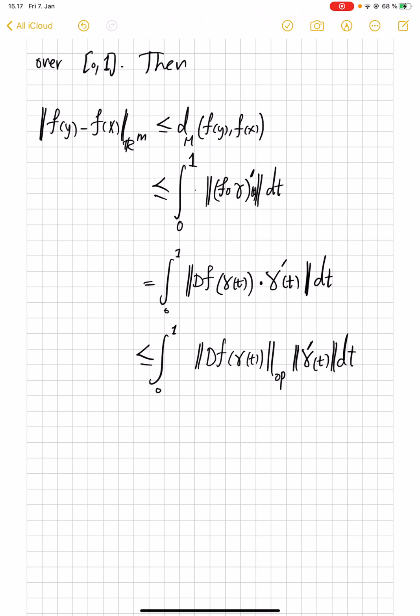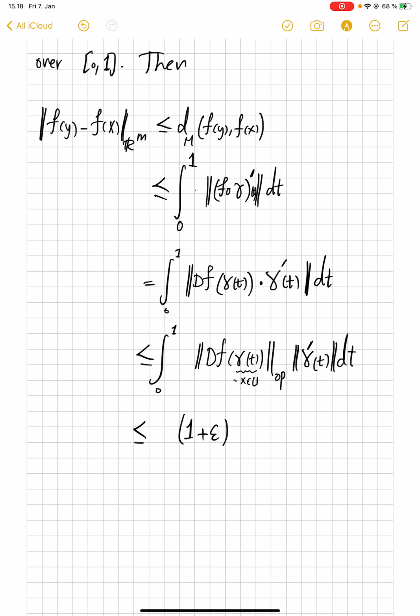And this becomes less than or equal to the operator norm of df at gamma of t. Gamma of t is a point in U, so its operator norm is less than 1 plus the difference of the operator norm of that minus df at 0, and that was less than epsilon.